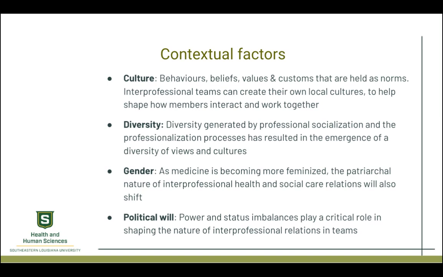Or, if we did what you're asking for, it is going to take away time and money from people who have the political will to get things done for us. So that does influence the dynamics of a team. Do look at box 4.4 to get insight into how contextual factors can affect teamwork.